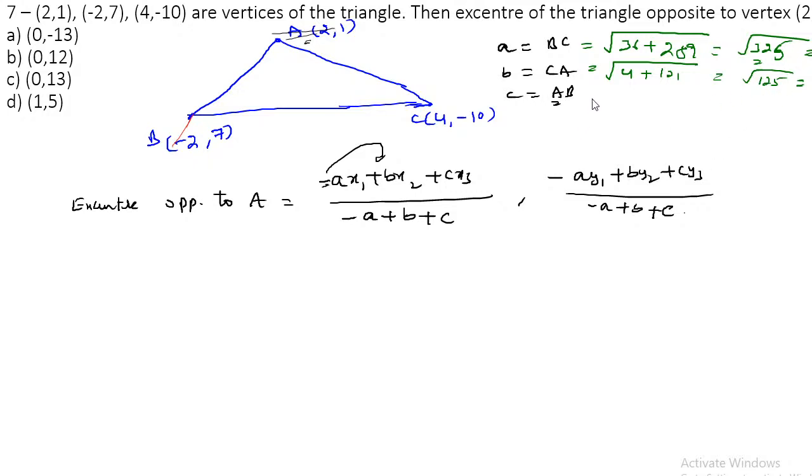Okay, and AB, 2 minus of minus 2, root 4 plus 1 minus 36, this is root 40. There is something wrong with this problem. Okay, let's do it later.